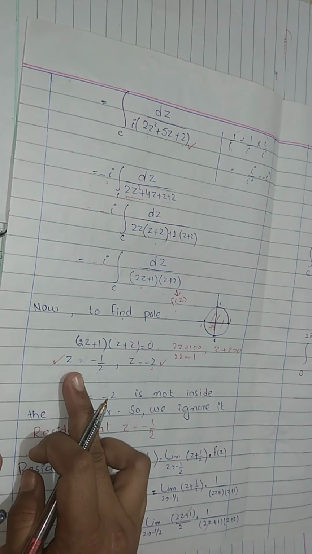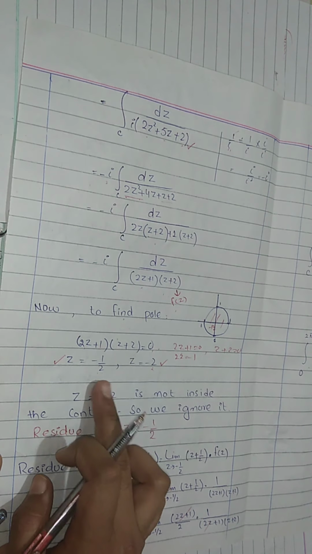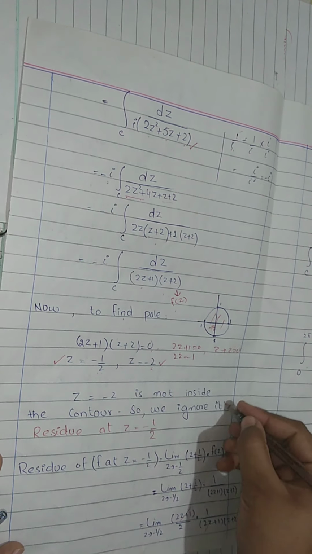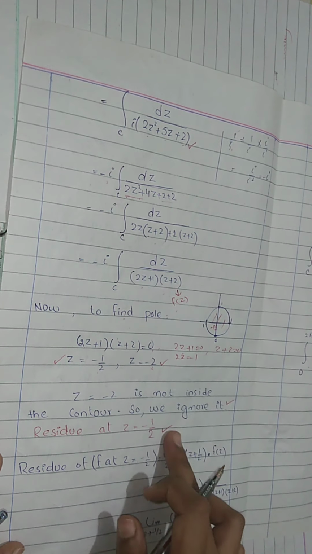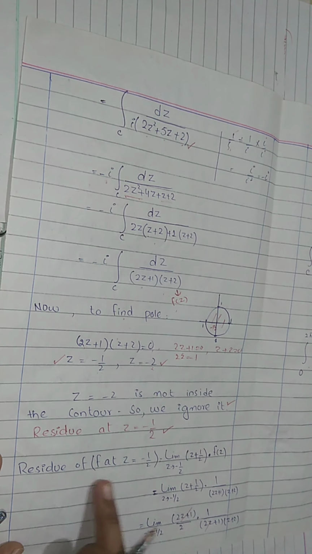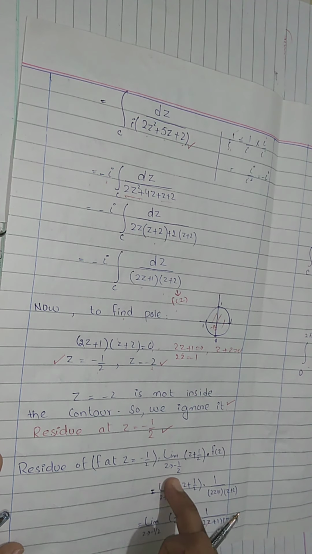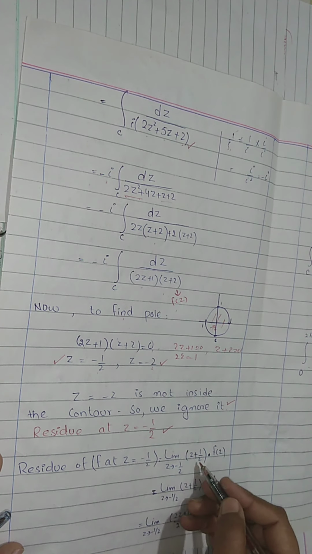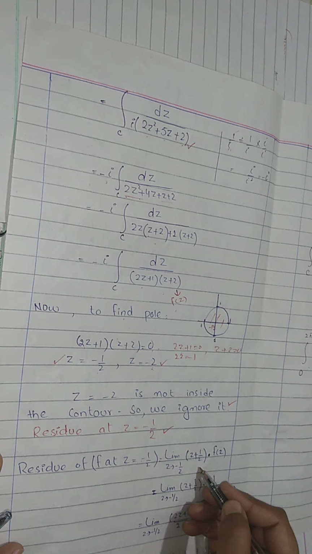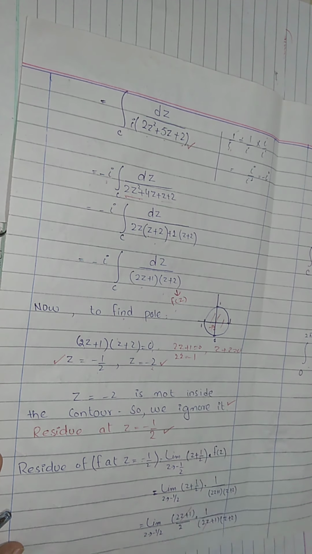We just find the residue at z is equal to minus 1 by 2. The residue of f at z equal to minus 1 by 2 is the limit as z approaches minus 1 by 2 of z minus a, that is z plus 1 by 2, times f of z.